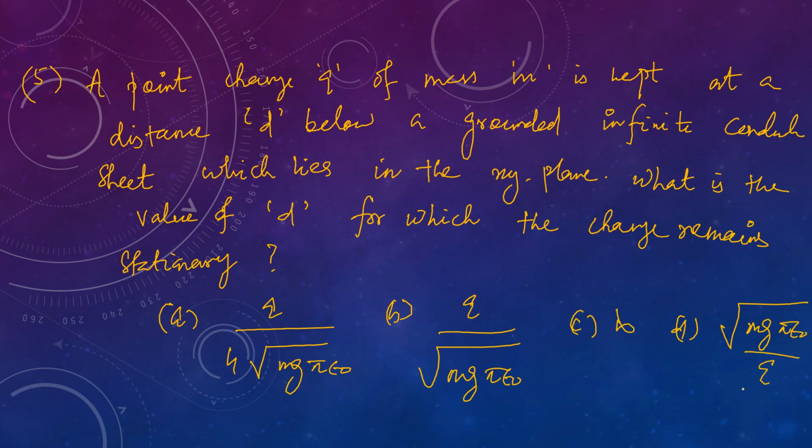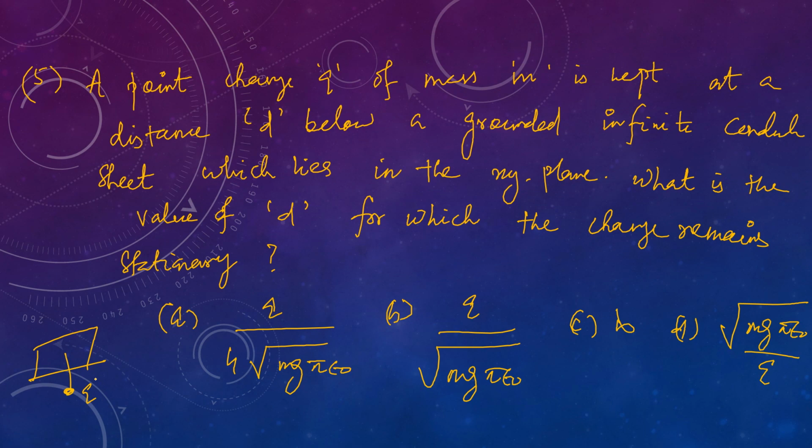So a point charge q of mass m is kept at a distance d below a grounded infinite conducting sheet which lies in the xy plane. What is the value of d for which the charge remains stationary? For example, this is a grounded conducting infinite plane sheet, and there is a charge here.